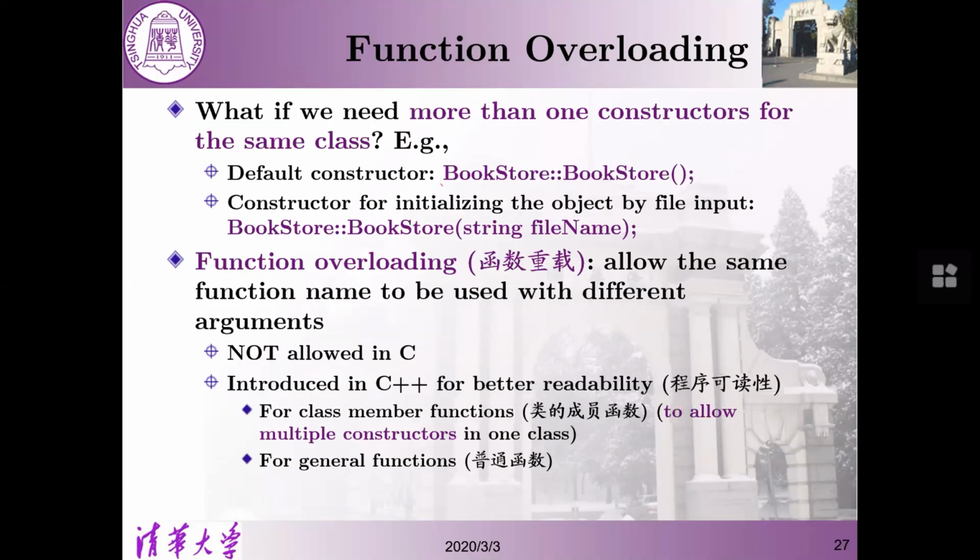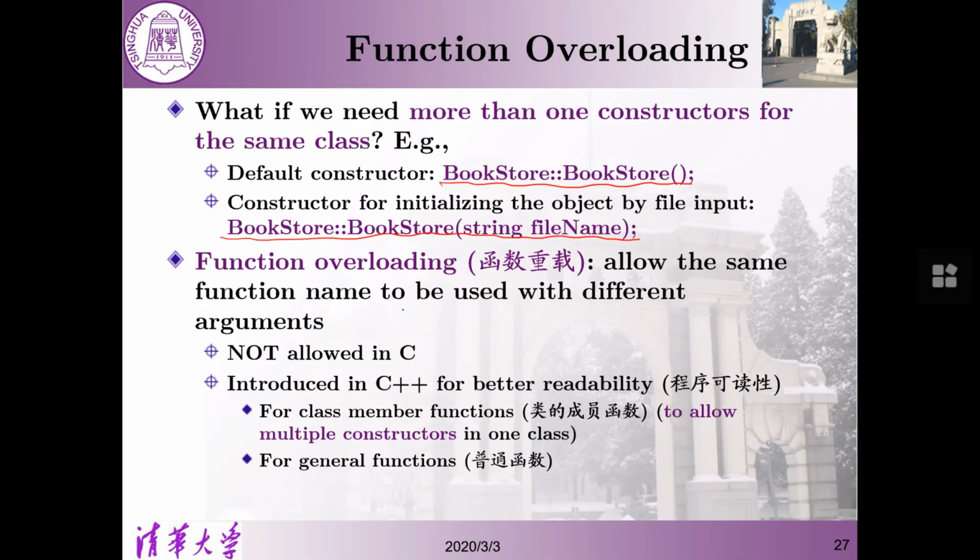For example, for bookstore, we may have one way of constructing a default object, and another way to construct a more complicated object. So there are different versions of the functions. How do we allow this kind of overloaded functions?